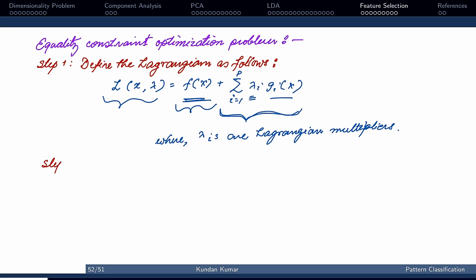In step 2, we take the first derivative of the Lagrangian with respect to x and with respect to the lambdas, and set it to 0.